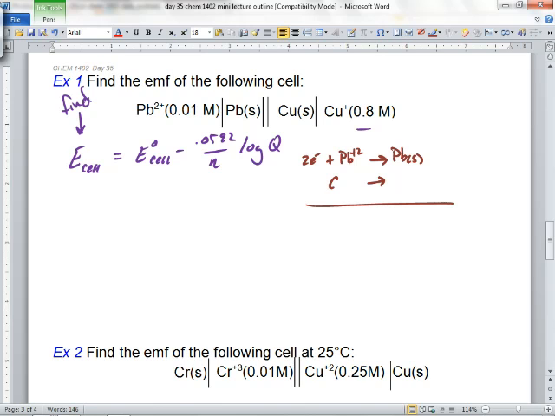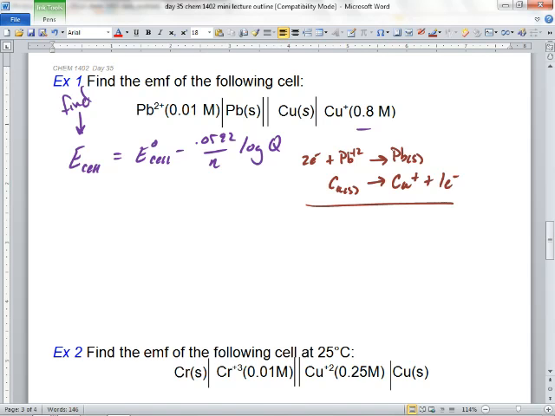Cu, the cell notation tells you, has to be Cu solid, right? Cu solid goes to Cu plus, and where would you put the electron? Yeah, with that. And how many? That's one of them, right? Everybody agree? The cell notation determines what the reactions have to be.